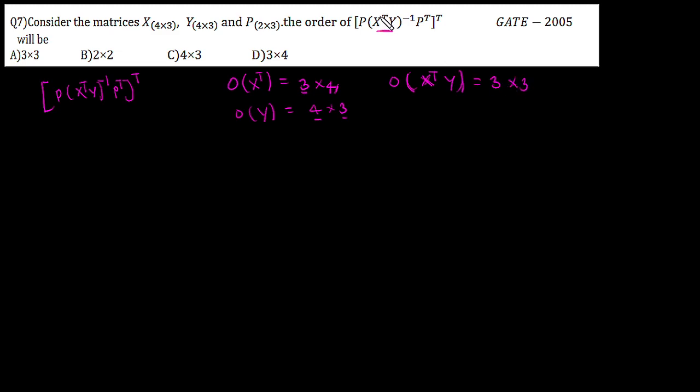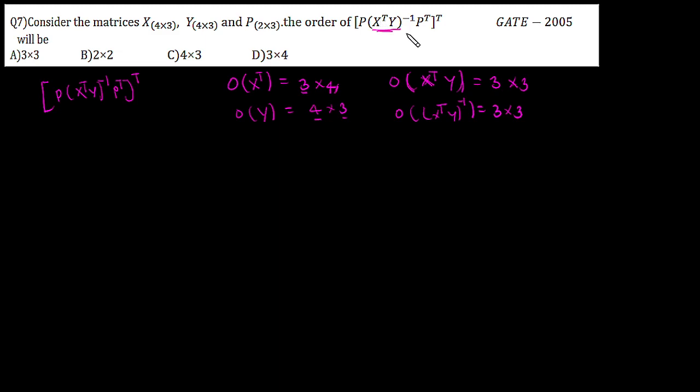Now I have to find the order of this one, but here they have put the inverse, so I have to find the order of the inverse, but here the matrix is square, so the order will remain as it is. So further let's write: order of X transpose times Y to the inverse is simply again 3 cross 3, because the matrix after multiplication is a square matrix. So again the order is the same for the inverse.